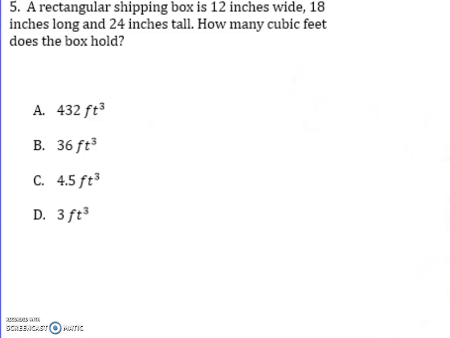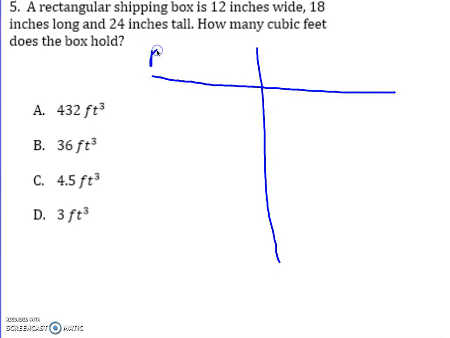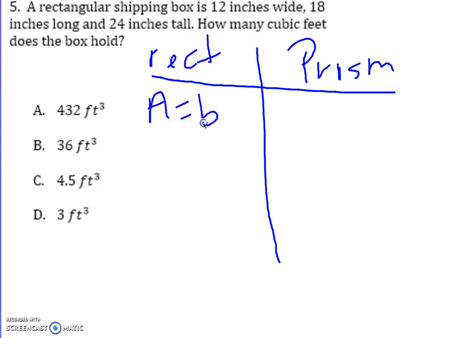Okay, let's do that again, but let's do it in feet. So we're going to have rectangle, and we're going to have prism. All right, so if we're talking about rectangle, its area equals base times height, and prism is volume equals big B times H. So if we turn 12 inches into feet, it would be 1 foot.